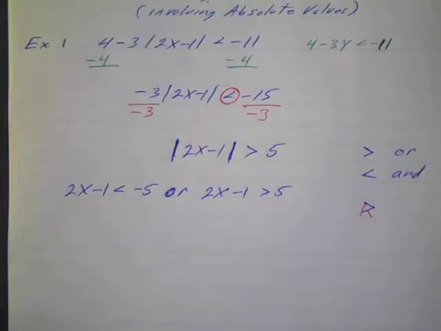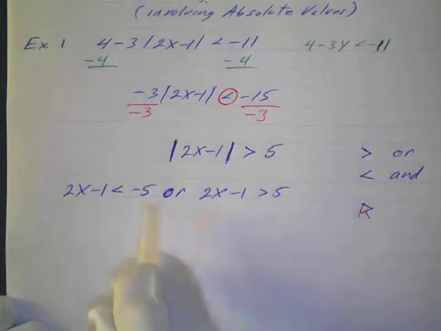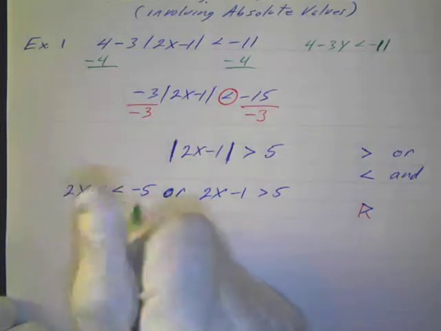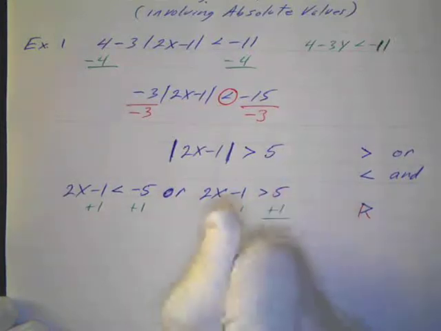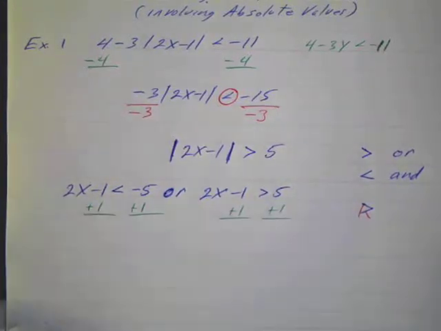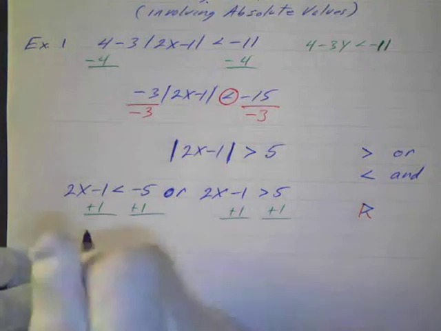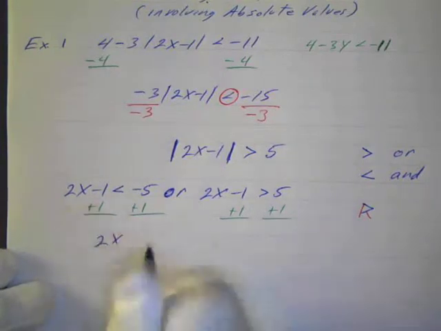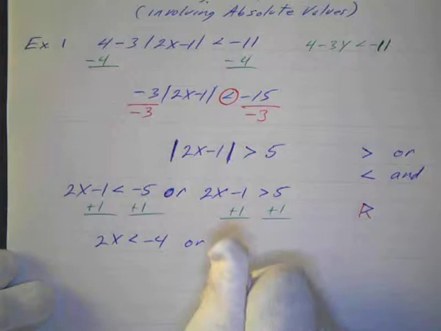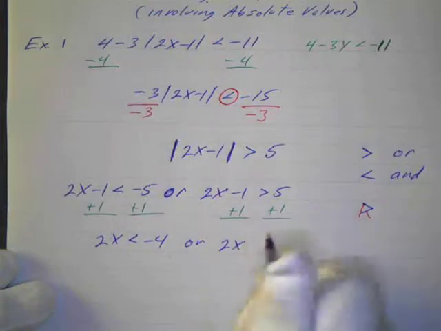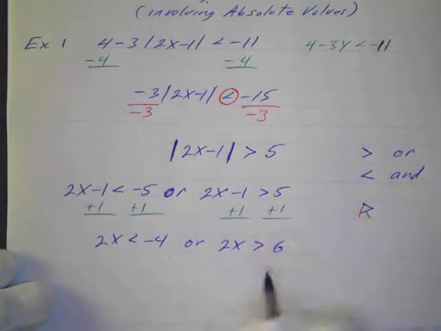First of all, I'm going to add 1. The left sides are going to be the same. It's just the right sides that will be different, so you'll do the same operation. So I'm going to add 1. And on the left, I've got 2x is less than negative 4, or 2x is greater than 6.